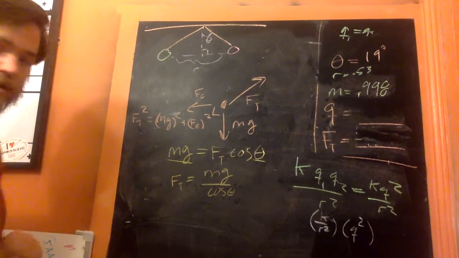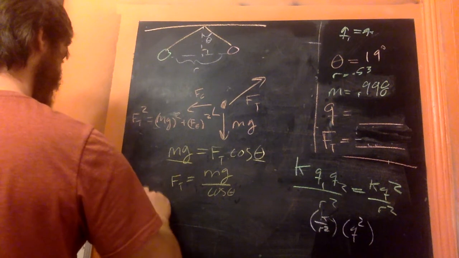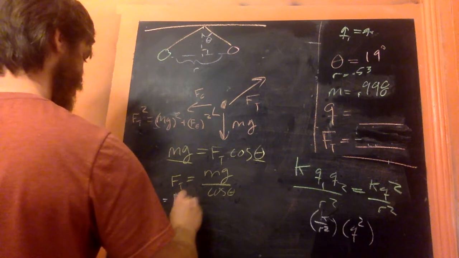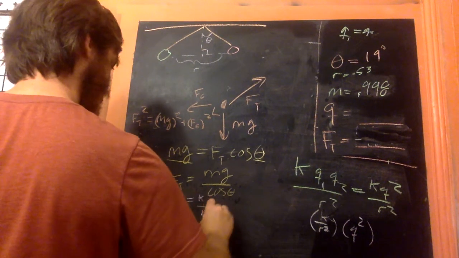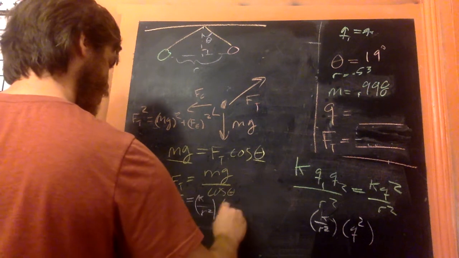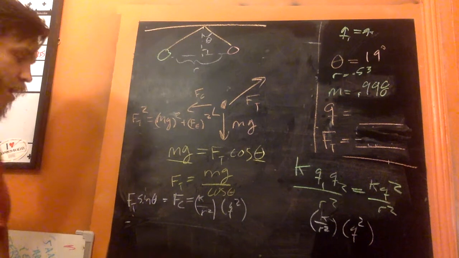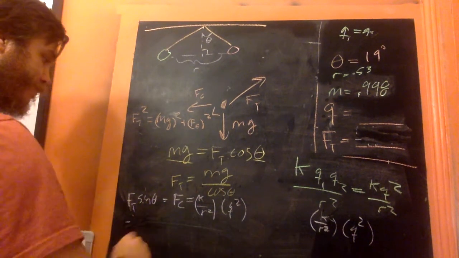Pulling that back over here, we know that Ft sine theta is equal to Fc is equal to this form, K over R squared times Q squared. And we are given Ft, so let's plug that in.